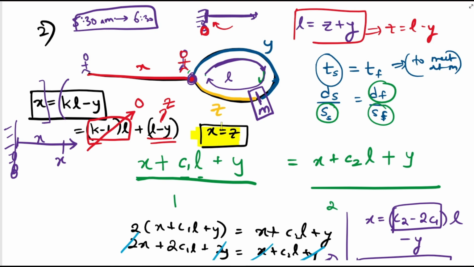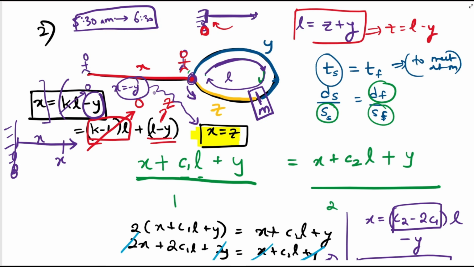Okay, so you might ask me a question: why didn't you take KL as zero in this equation? Because if I did that, I would get minus y, so it is kind of like I am traveling in the opposite direction. In that case, x would be minus y, which would imply the same thing, x plus y.